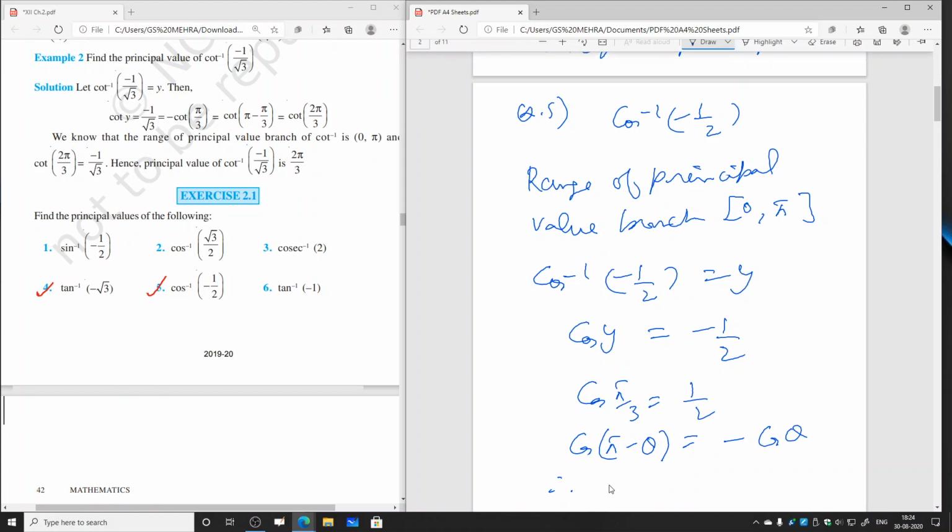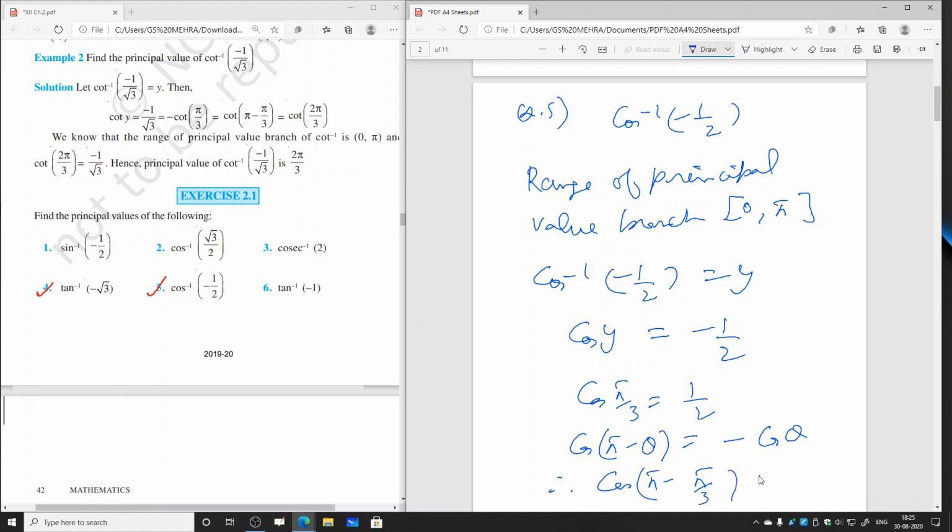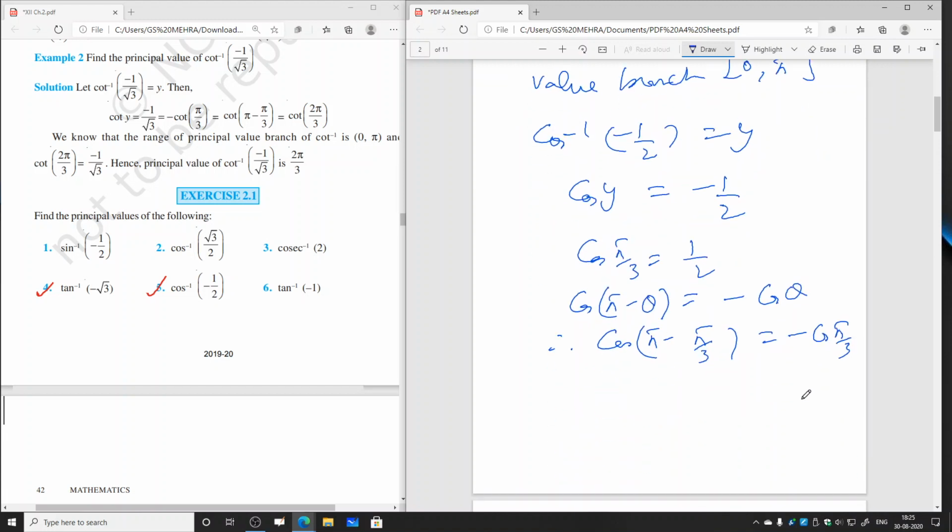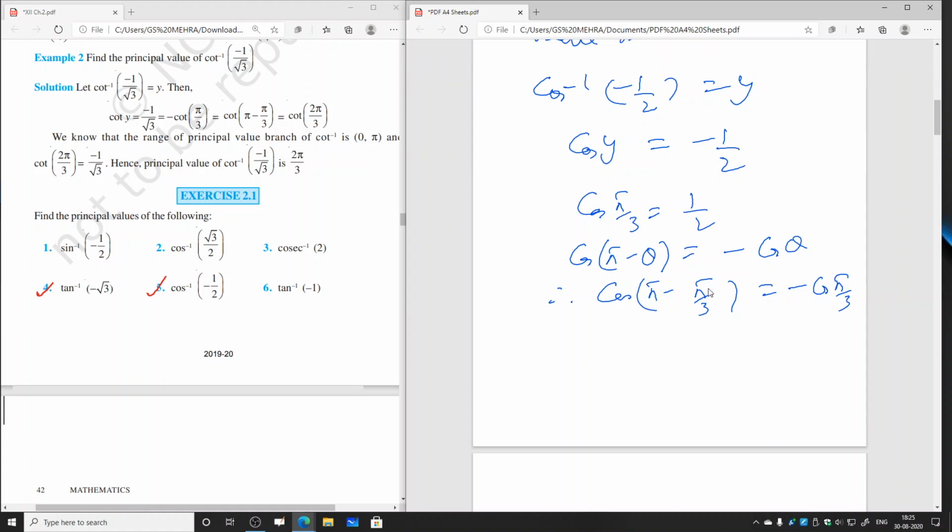So, we can write cos of pi minus pi by 3 equal to minus cos pi by 3, and if we simplify it, cos of pi minus pi by 3, that is cos 2 pi by 3, is equal to minus cos pi by 3, that is minus half.